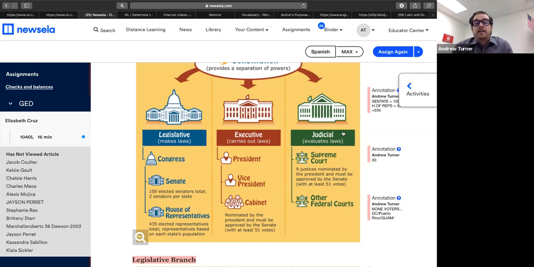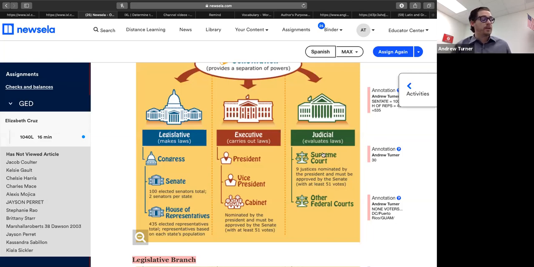The Supreme Court, this is literally the Supreme Court building, okay? There are 9 justices, and you have to have 9 because there needs to be an odd number, so you would never have an even vote, yeas or nays. President appoints these, and the Senate has to approve, and then there's other federal courts, okay?